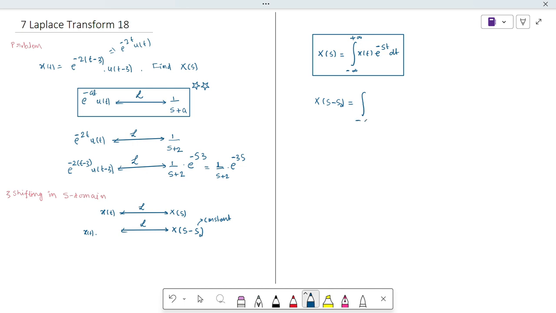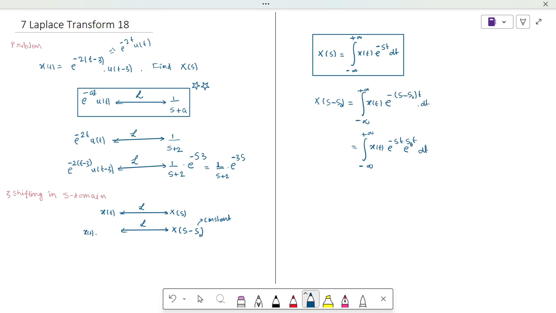Then the integral from minus infinity to plus infinity of x of t into e power minus (s minus s naught) into t dt.